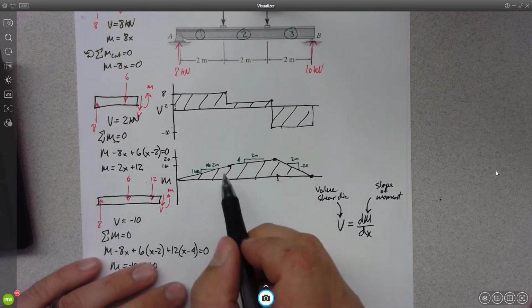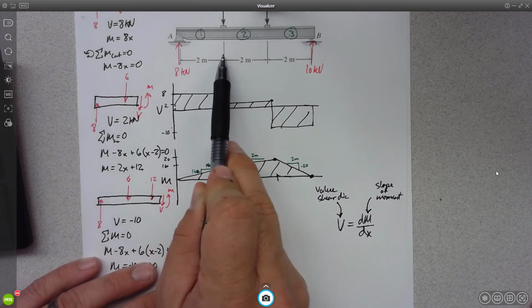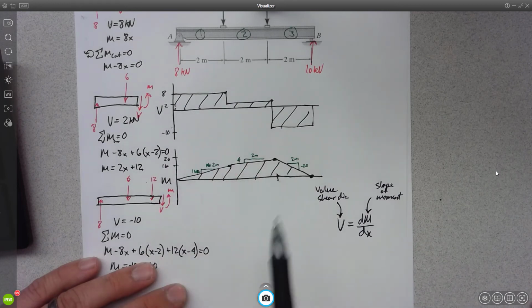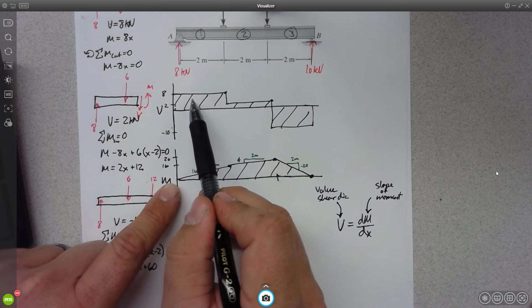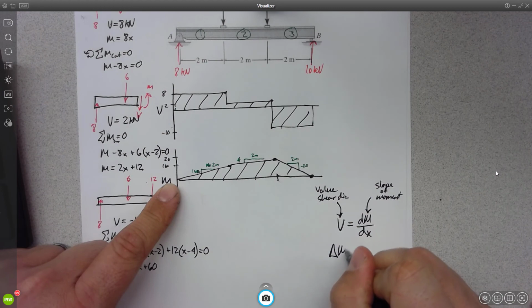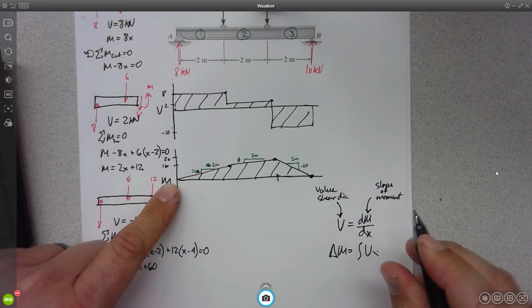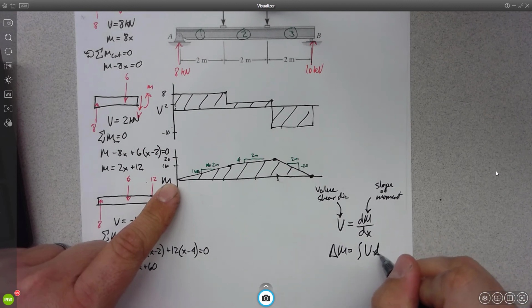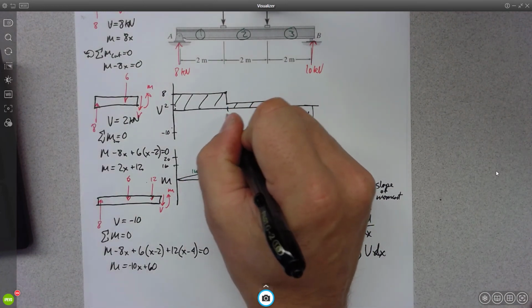Now, this is sort of related, but as we go from A over to the 6 kilonewton force, what's our change in moment diagram? We go from 0 to 16, right? That's the area underneath the shear diagram. So we could say that the change in the moment is equal to the integral of the shear. Right? Because this is 2 meters.